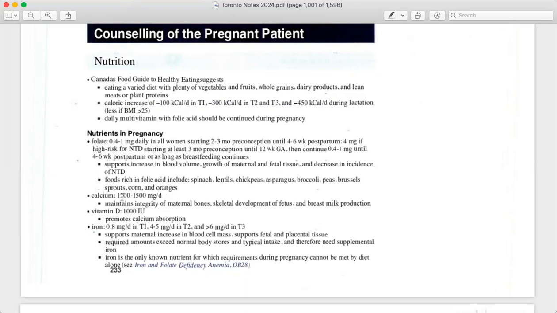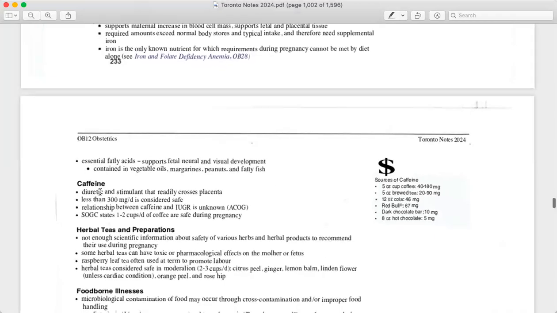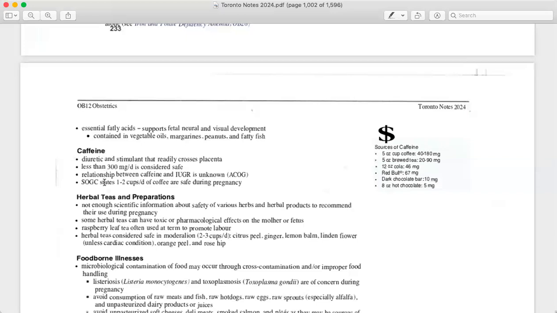Calcium 1200 to 1500, vitamin D is 1000, and iron is 0.8, as they already told you. Then fatty acid, and caffeine intake should be decreased to 300. You need to know this because they can ask you if the female is already taking coffee and those things, what are you going to counsel about that? So just know that basic counseling.